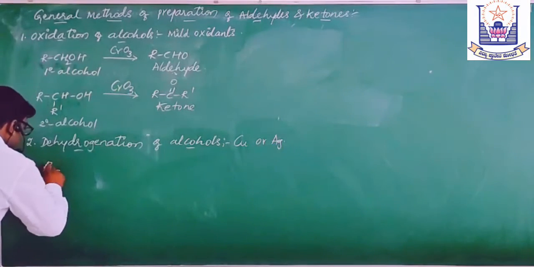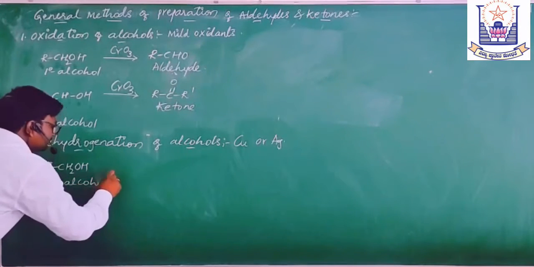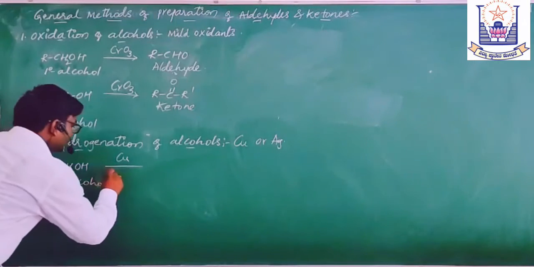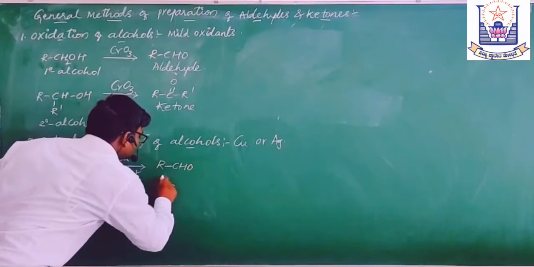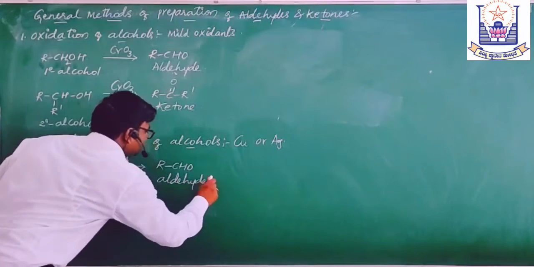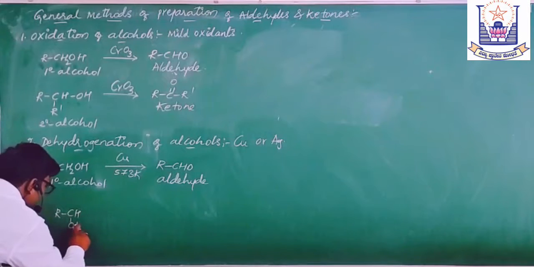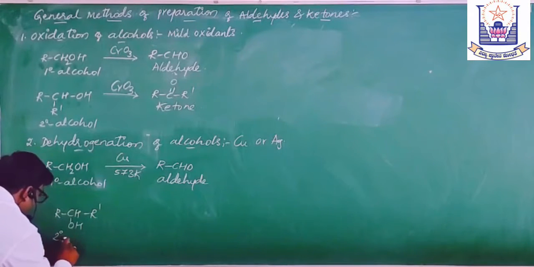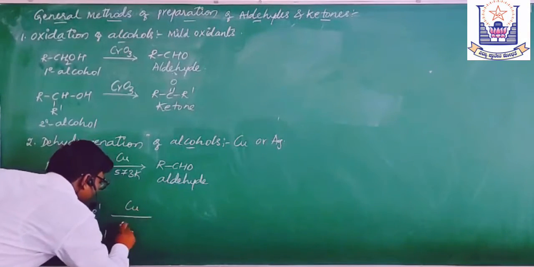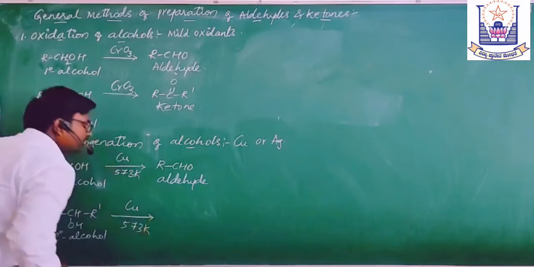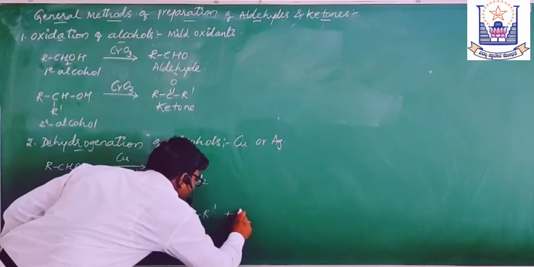Let us take one example. When a primary alcohol is treated with copper metal at a high temperature like 573 Kelvin, you will get RCHO, that is an aldehyde. When a secondary alcohol is treated with copper metal at 573 Kelvin, you will get R C double bond O R dash plus H2.